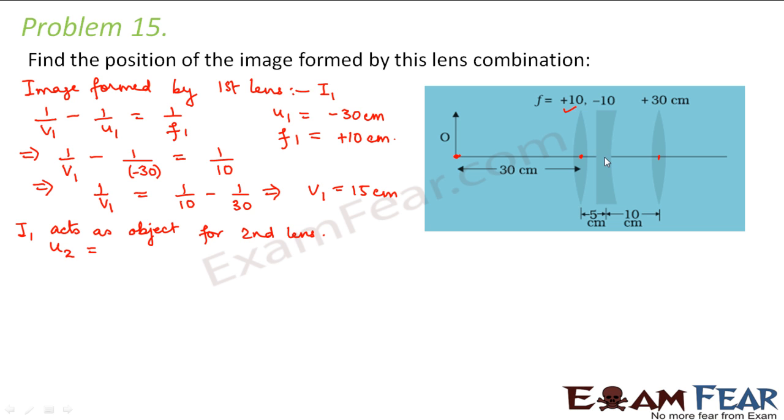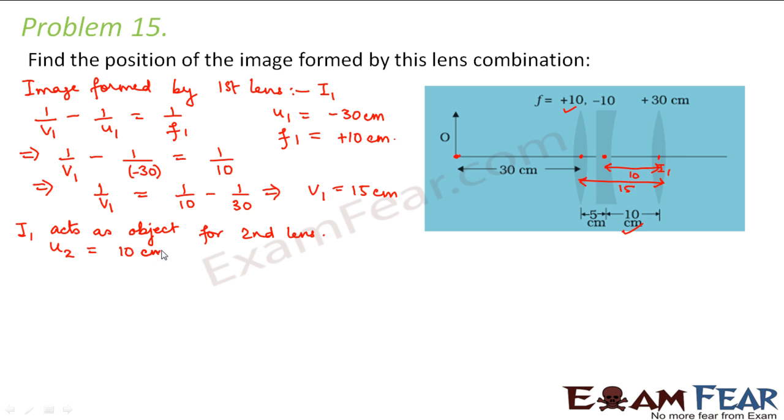The object distance for the second lens would be this distance. I1 would be located somewhere here because it is located at 15 centimeters from the first lens. So what is the distance of I1 from the second lens? This distance is given as 10 centimeters.